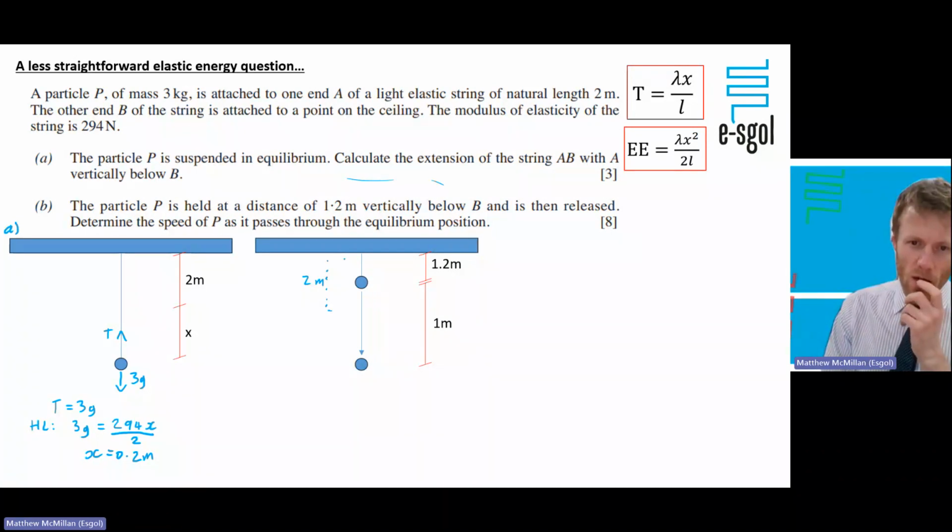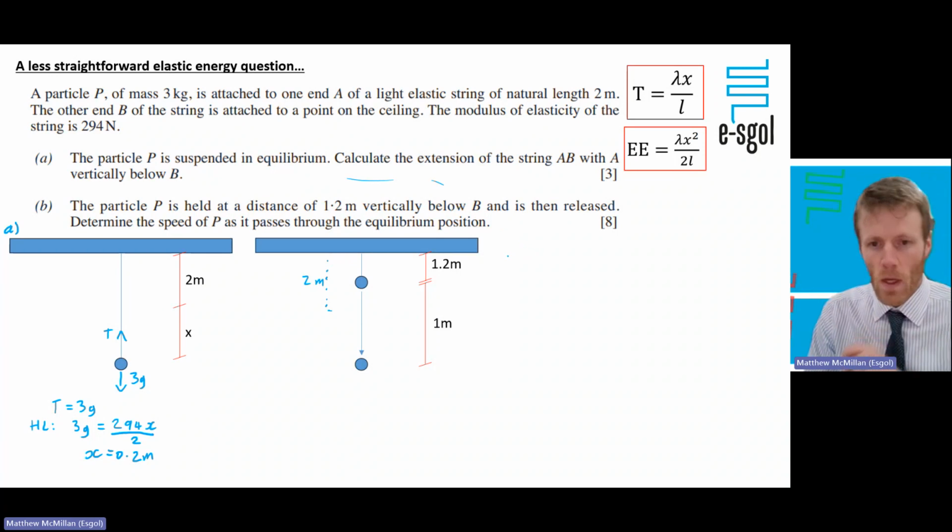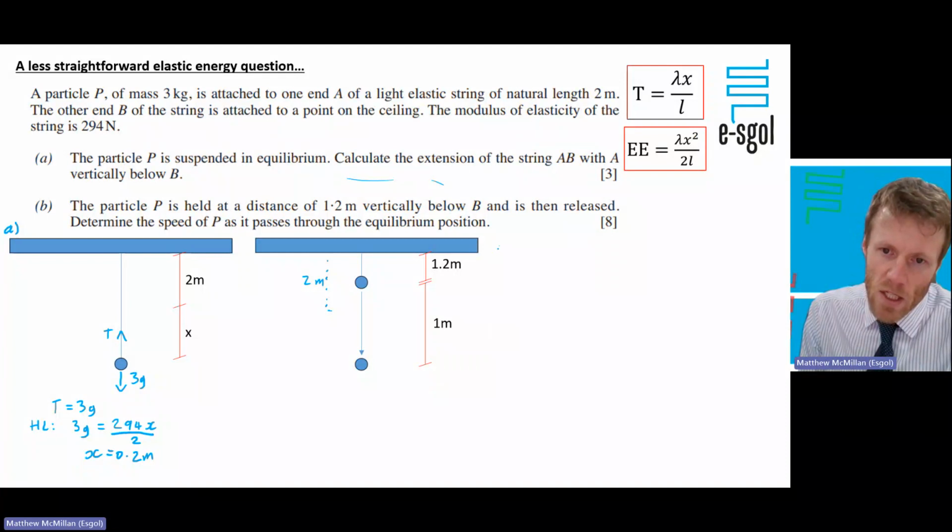This could start to get quite confusing, and there are a number of ways of approaching this problem. But one way is just thinking about conservation of energy, and that's the way that I'd recommend you do this. So let's think about different energies, because you're going to get a mark for each.